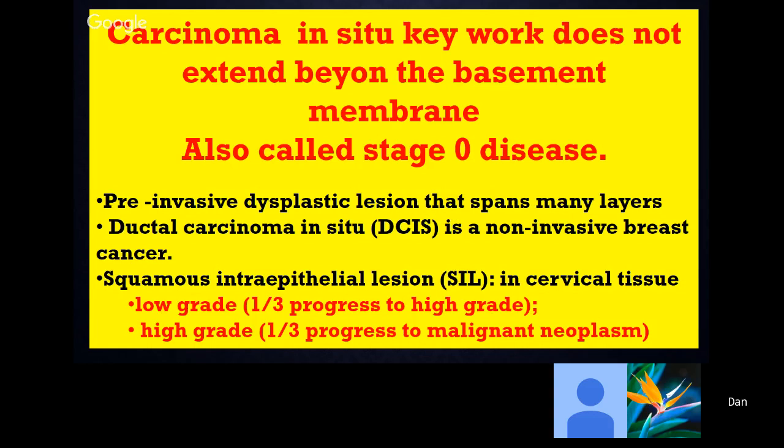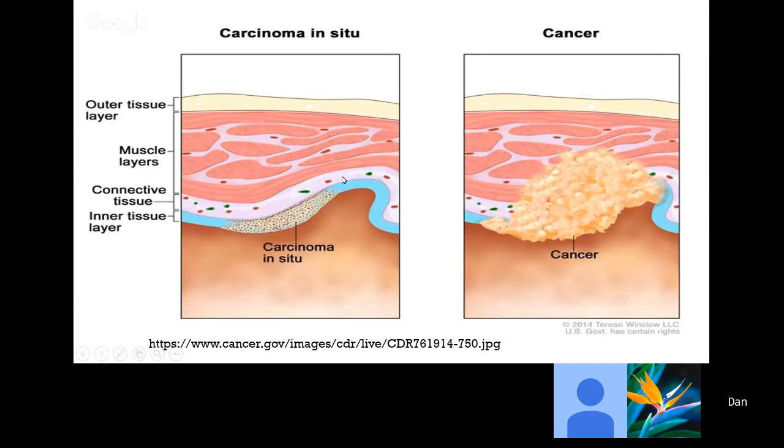If it's high grade, usually it goes to malignancy. So remember these two classifications, which is why I put them in red. The ductal carcinoma in situ, you're going to talk about it when you do OBGYN or breast cancer. So here you have in situ, it didn't go beyond the basal membrane, and here it goes beyond the basal membrane.